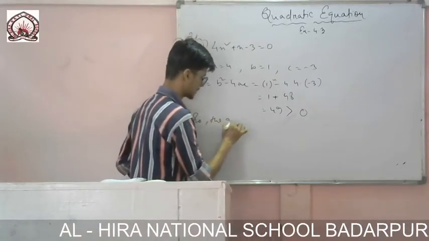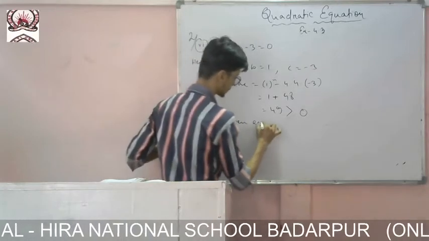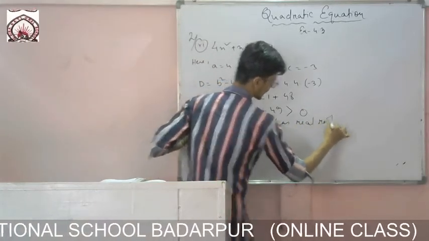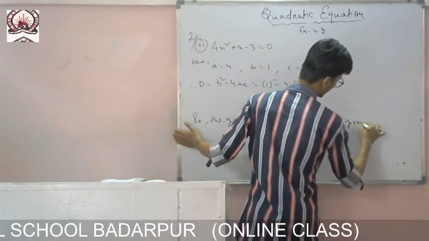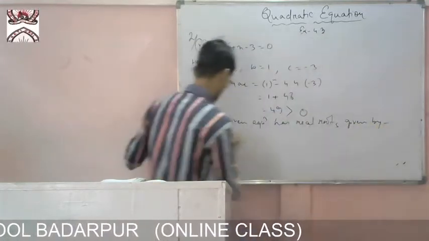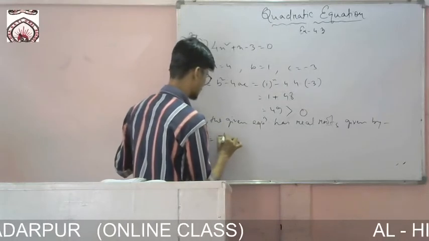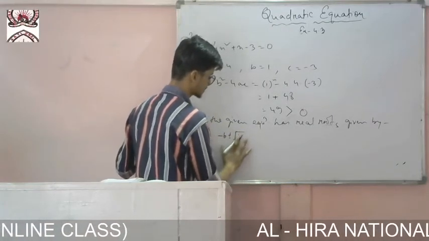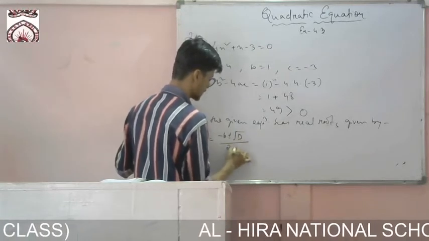So the given equation has real roots given by x equals to minus b plus minus root over b square minus 4ac, that means root over discriminant by twice a.